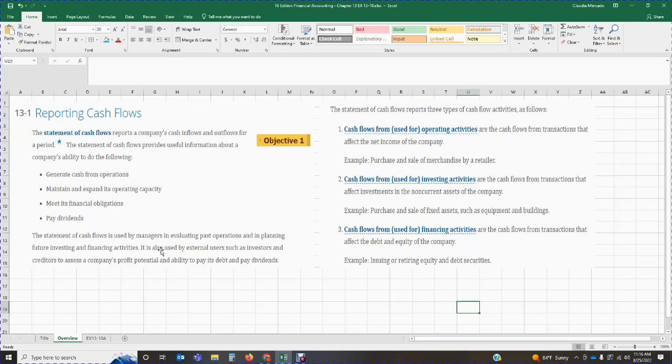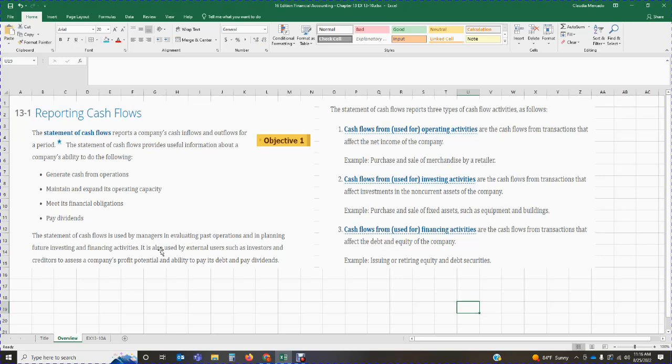We have to generate cash from operations. If you're not generating cash from operations, then why are you in business? Okay, the goal of every business is to generate profits, to generate cash. So it's very important that that's one of the main things that the statement of cash flows measures. To maintain and expand its operating capacity, to meet its financial obligations, and to pay dividends.